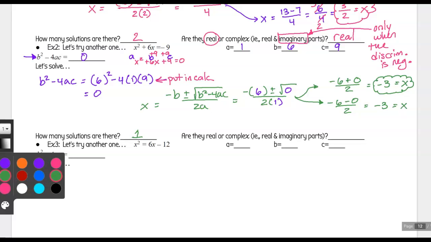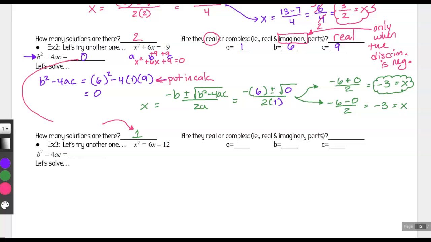What do you think could have told us we were only going to have 1 solution? If the discriminant is 0, we will have only 1 solution. Was the discriminant negative? No, so it was a real solution.